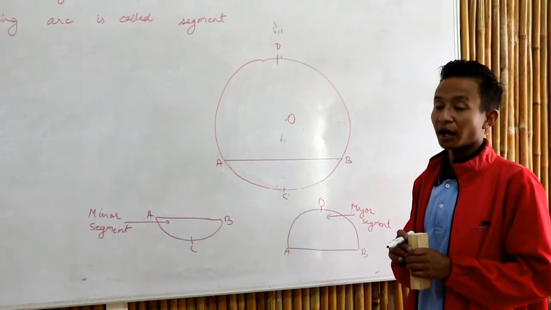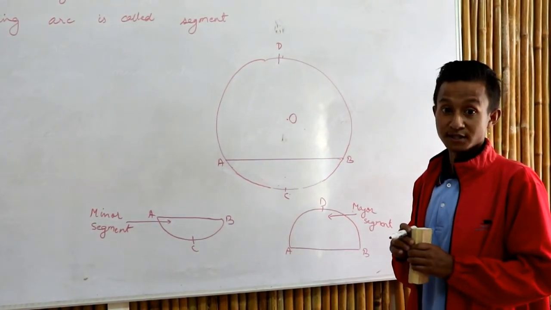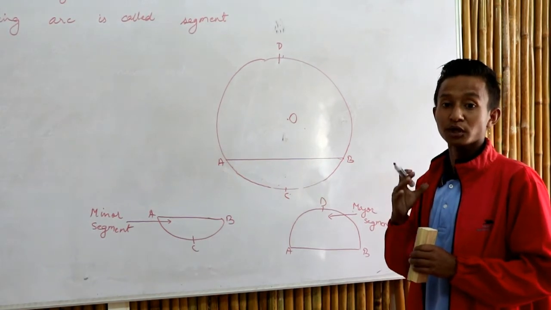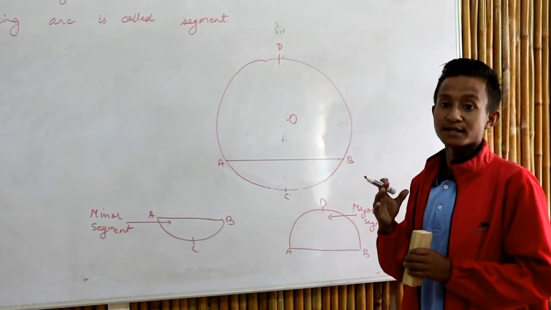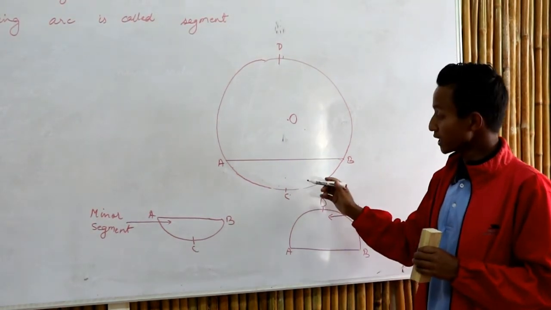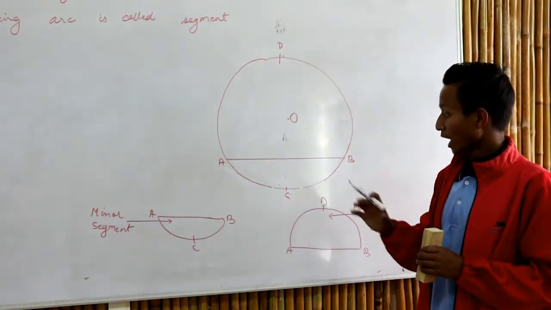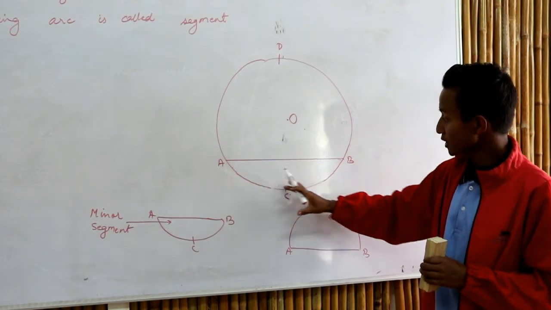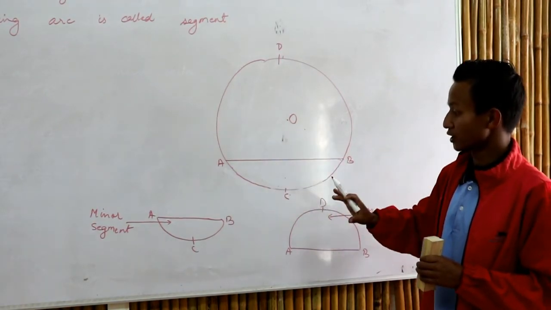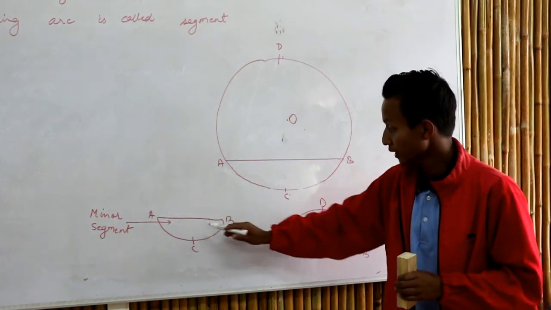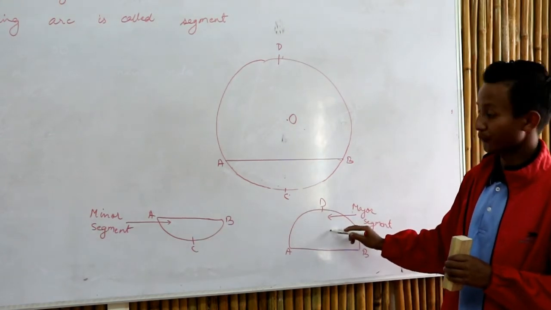How could we understand which part is a minor and which part is a major segment? So I will separate these two portions from each other. I get this part and this part, right?